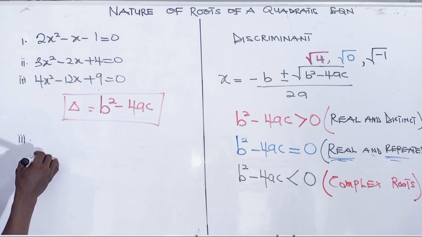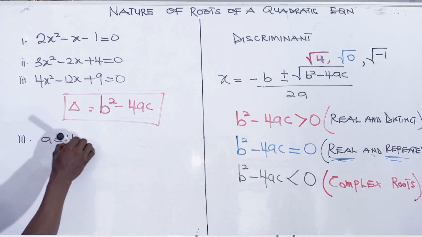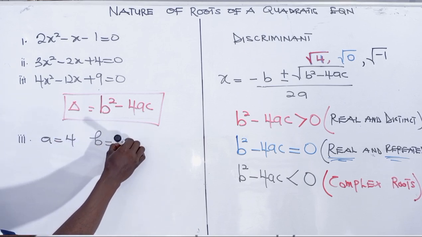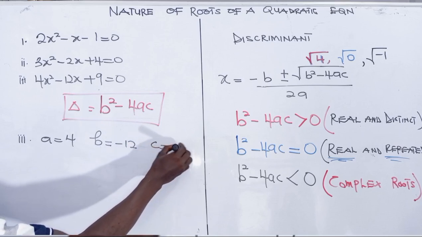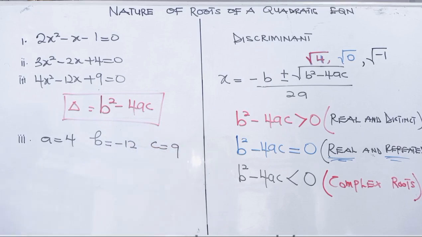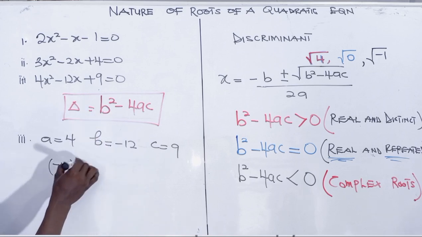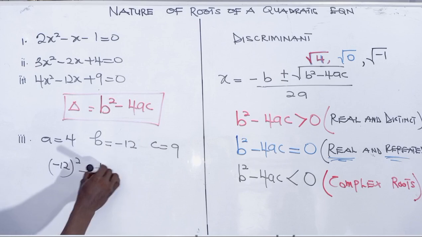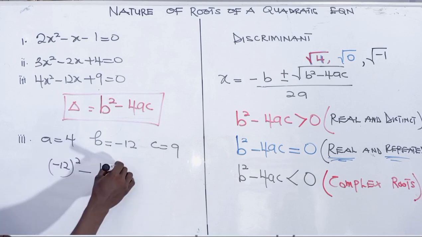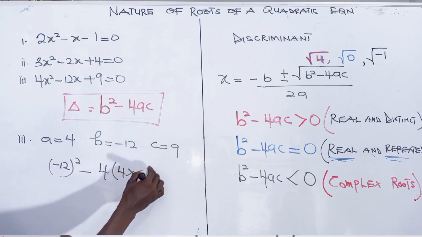So with the third one, our a is equal to 4, b is equal to minus 12, and then c is equal to 9. So we are going to substitute this into the discriminant. So we have b squared, so we have minus 12 all squared minus 4. Our a is what? 4 times c, which is 9.